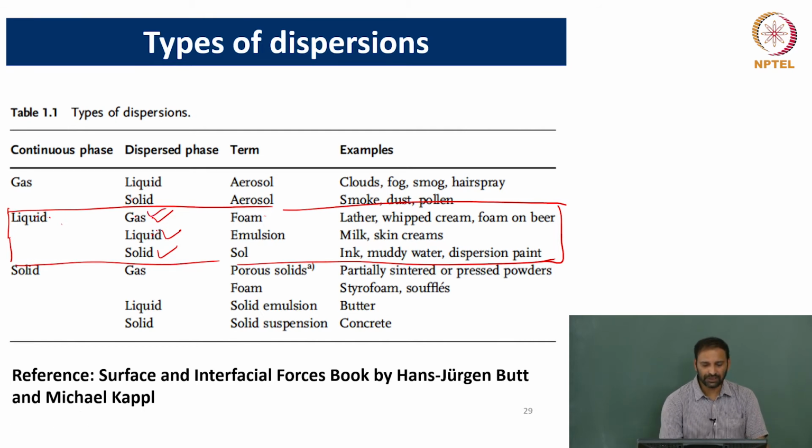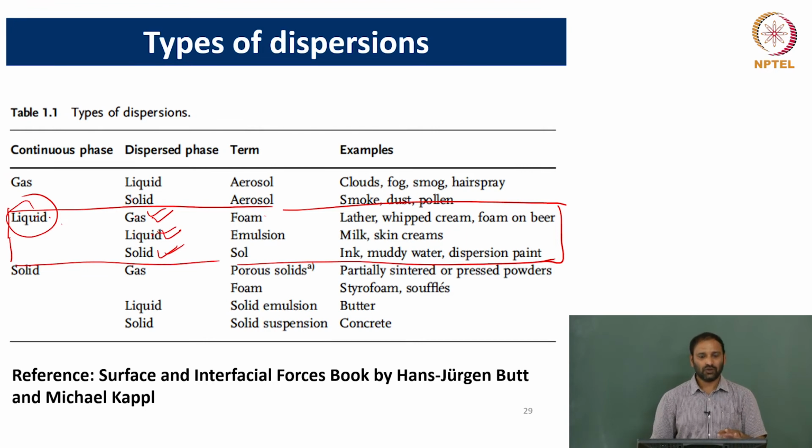Now, these are the dispersed species. This is the continuous phase, okay? Now, the continuous phase is liquid. If I take water or any organic solvent or any fluid, it will have some molecules. Obviously, the size of those molecules would be less than a nanometer, right?